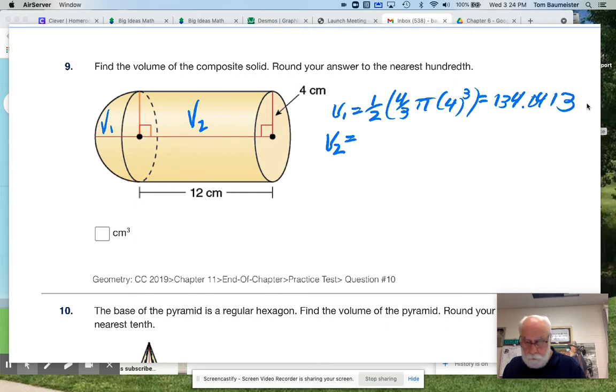Second one, okay, is a cylinder. So it's the area of the base times the height. So on this one, the area of the base is pi r squared. And what's our r? It's 4 times our height, which is 12, which will give us 603.1858.